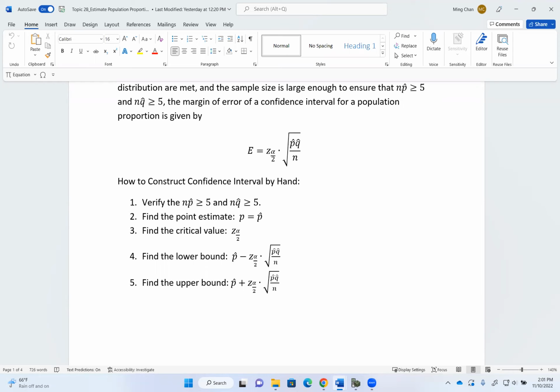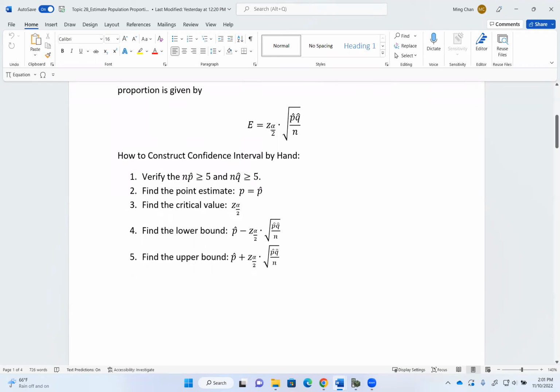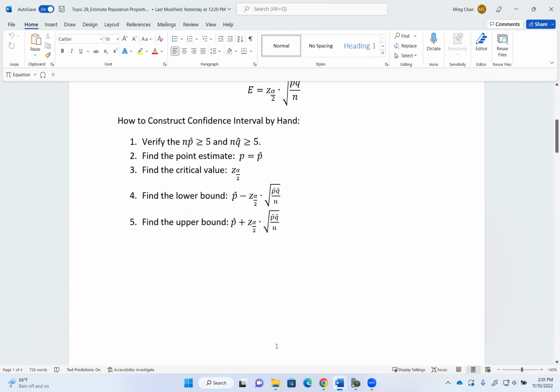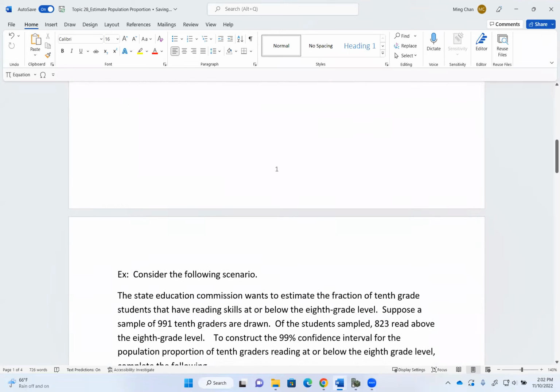The true population p, your best point estimate is your p hat. Find a critical value, z sub alpha over 2. So this is not using t values. It's going back to using the z critical value, z sub alpha over 2. All right, so your lower bound and your upper bound are p hat plus or minus your margin of error. Okay, so let's try an example real quick.